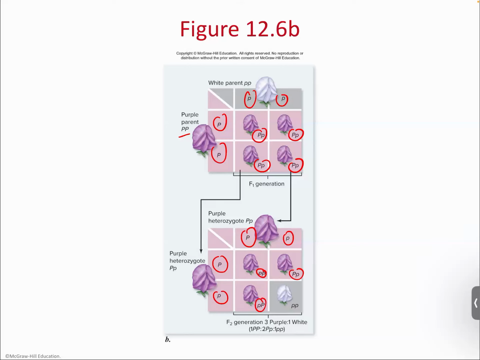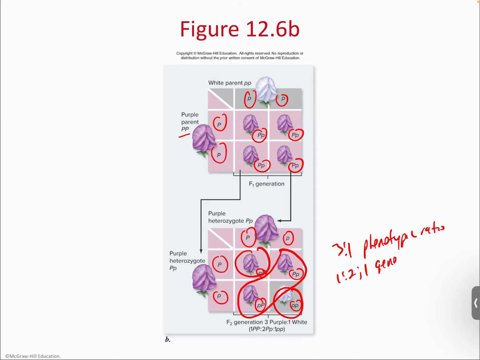This gives you your heterozygous. This gives you your homozygous recessive. So in this case, you can see you've got two heterozygotes, one purple, one white, for your 3-to-1 phenotypic ratio and your 1-to-2-to-1 genotypic ratio.